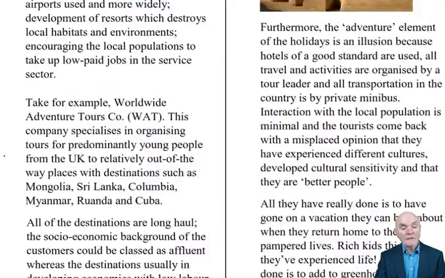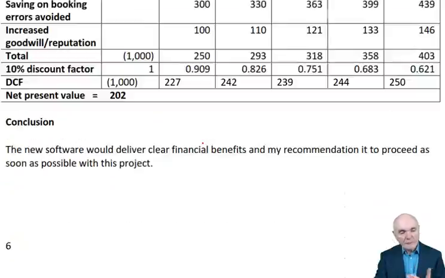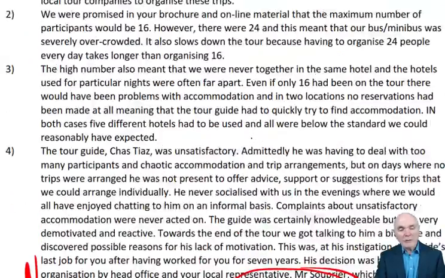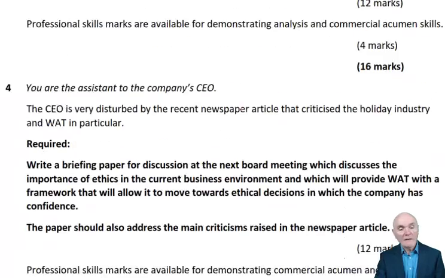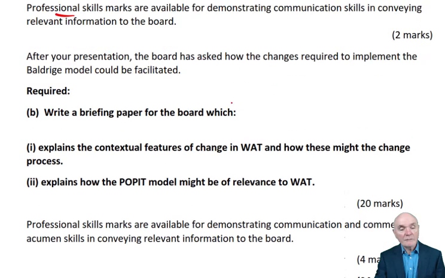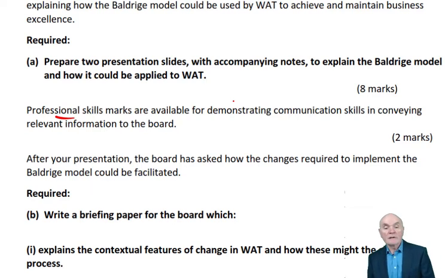Now, what we should then do is, having got fairly familiar with this, go back between the exhibits and the requirements and so on. If we go up to these requirements, see what they are. And requirement number 1 here is a briefing paper, about 2 presentation slides with accompanying notes, explaining a specific model.